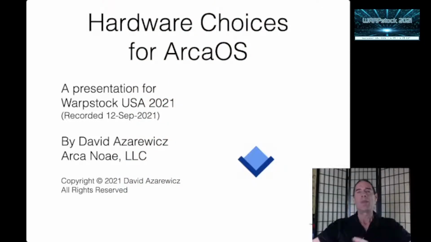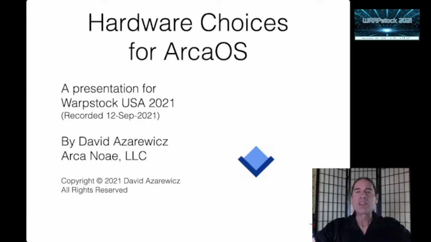Hello, I'm David. Let's talk a bit about some of the hardware choices for ArcaOS. Now, this is a very simplified look at the various details involved when you select hardware to run ArcaOS. This is an incredibly complex topic with so many variables that it's really impossible to recommend specific hardware for any particular purpose.